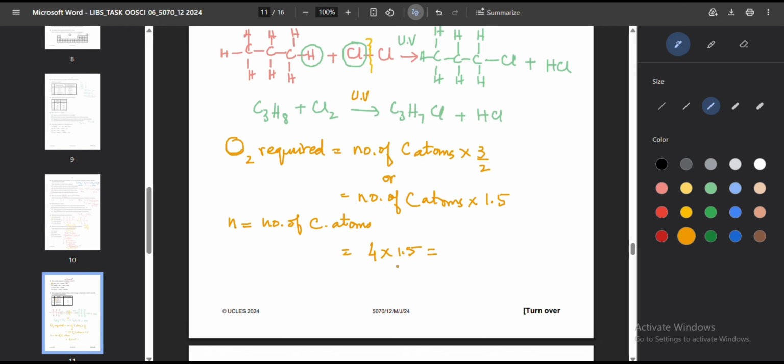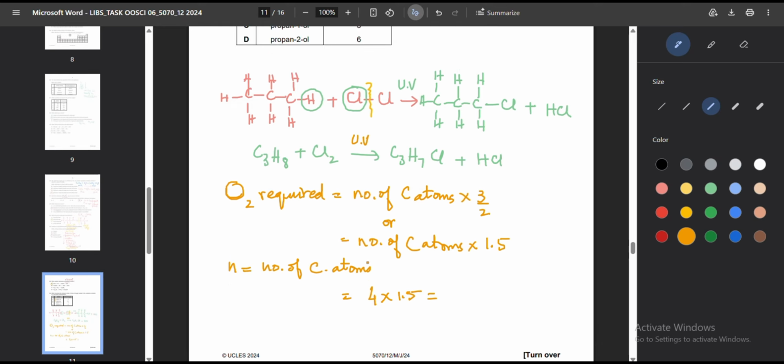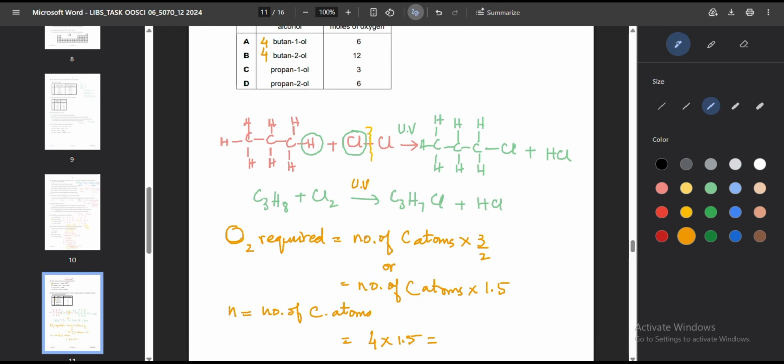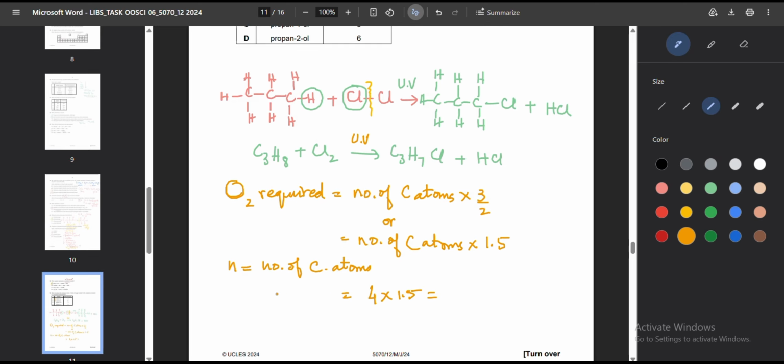Okay, and for propanol, the value of N is 3. The earlier one was for butane 1-ol or butane 2-ol, since both of them have 4 carbons.